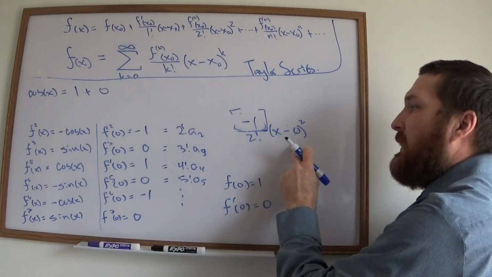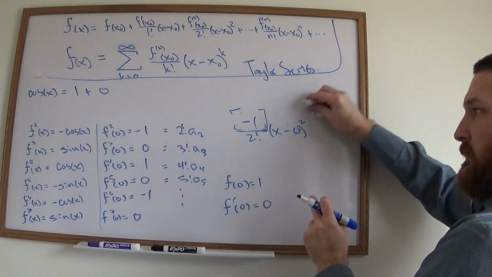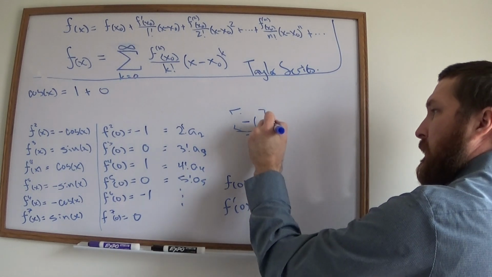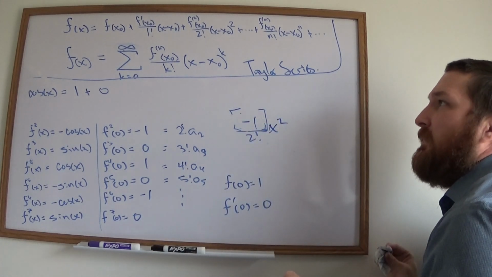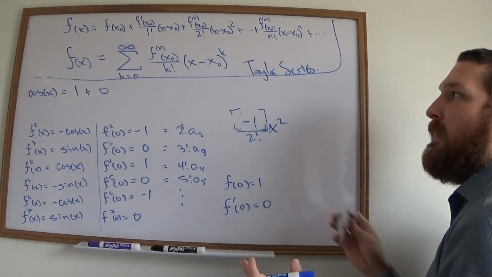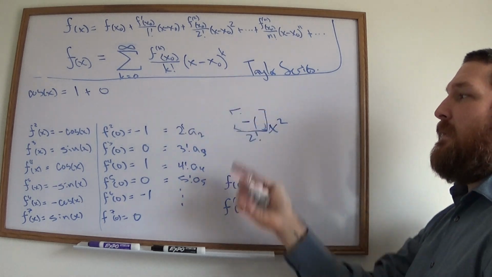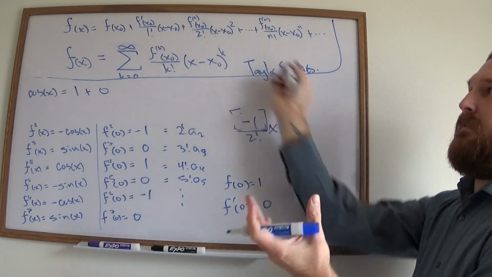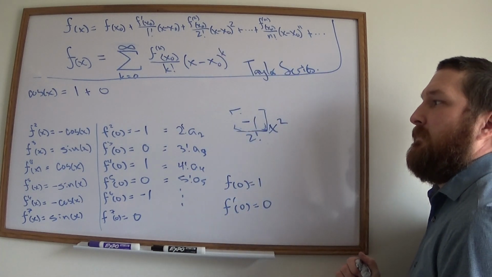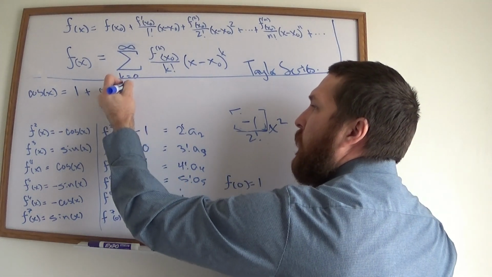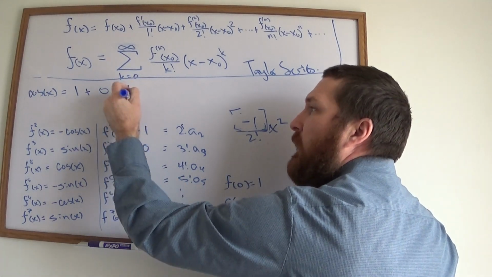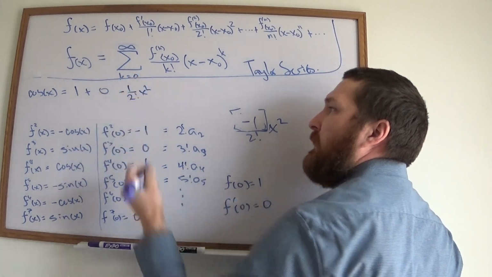So I can rewrite this like that, which I hope you do. If you ever have a Taylor series that you're evaluating at x0 equal to 0, don't bother with the parentheses. So negative 1 over 2 factorial x squared.